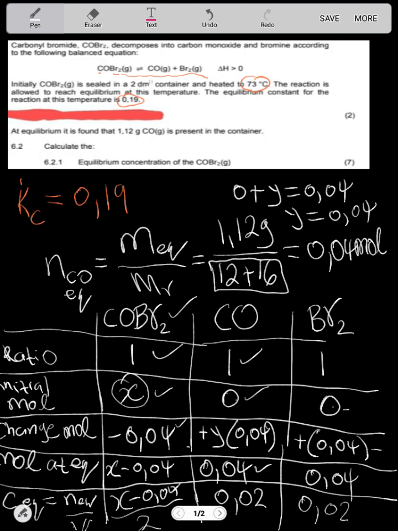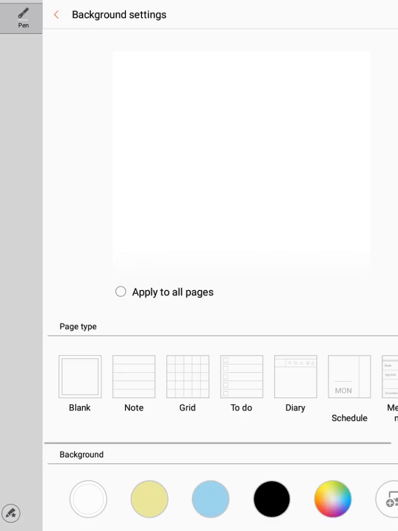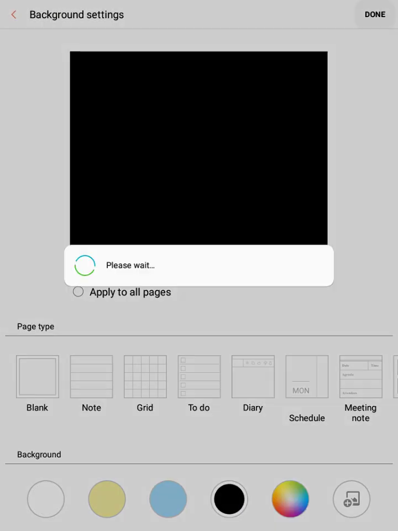Now, let's get to even more interesting calculations and finish up with this. Let's make the background black, keep it the same. We will say Kc is equal to the concentration of the products. So what is our product?